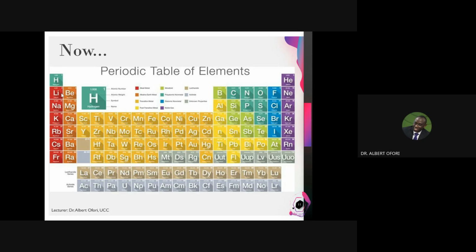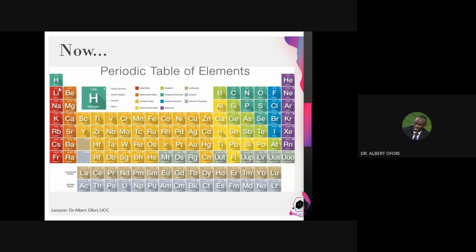Then we have groups 1, 2, 3, 4, 5, 6, 7, 8. So 6 times 8 is how many? 48. We'll take the groups one by one and the elements one by one, so by the end of it we should know the elements without just memorizing anything.